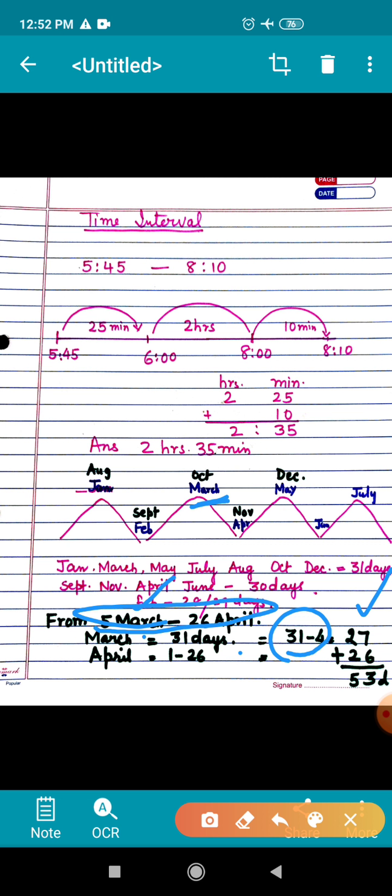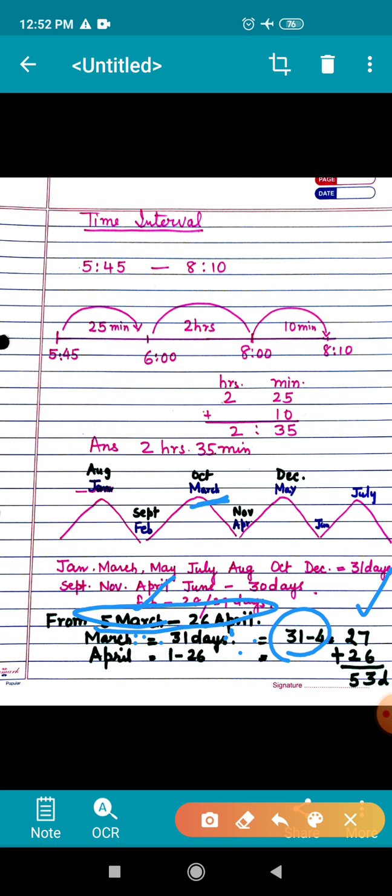Right? And after that you will say how many days will be in April. So 26 April. The work starts from 5 March and ends on 26th April. So you have included 5 March and you will include 26 April also.